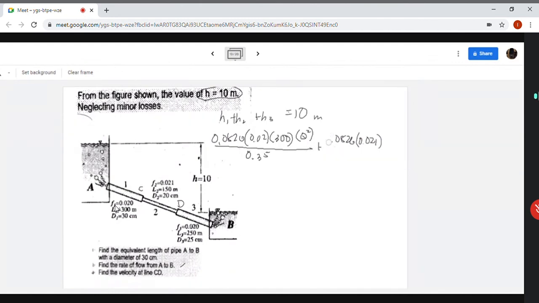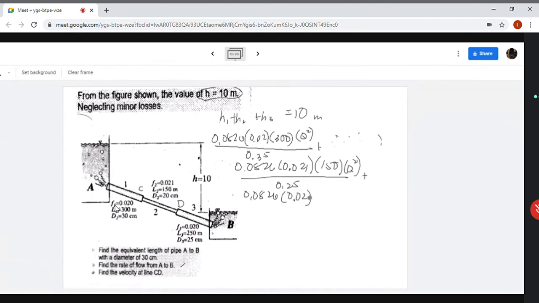So 0.0826 times 0.021 times 150 times Q squared over 0.2 to the 5th, plus 0.0826 times 0.02 times 250 times Q squared over 0.25 to the 5th, is equal to 10.